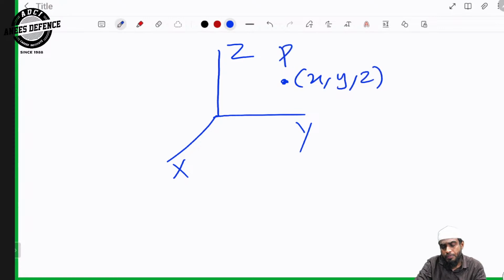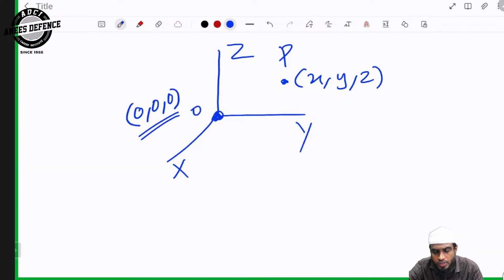That is a point P. The origin is here, O. The coordinate is 0, 0, 0. The position vector means the position of that vector in this space is known as the position vector. That is represented as x comma y comma z.